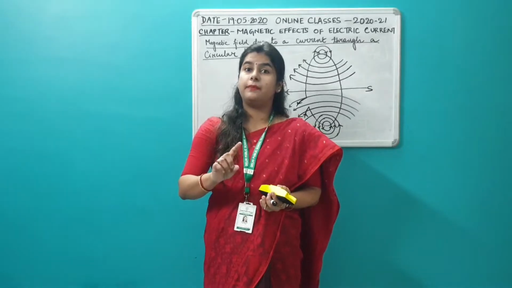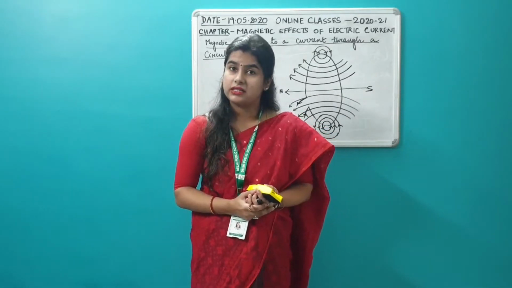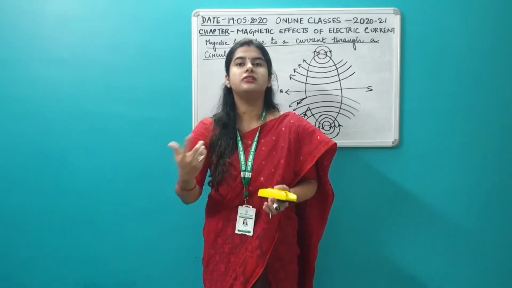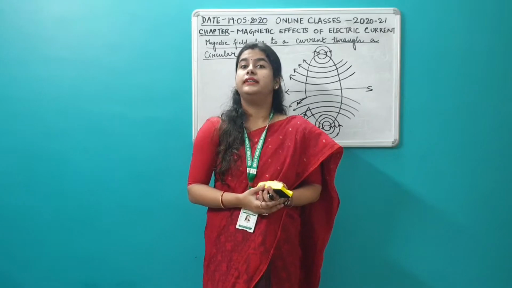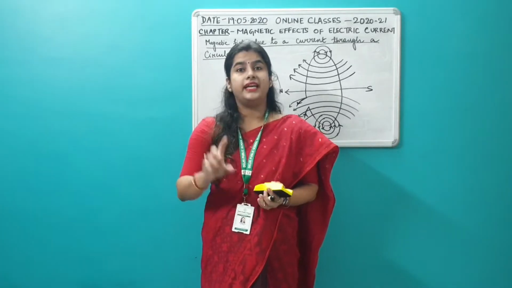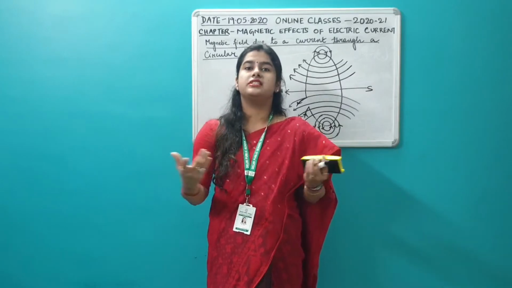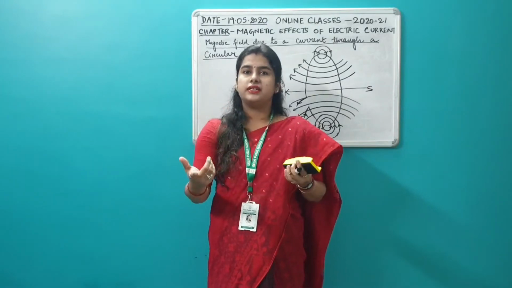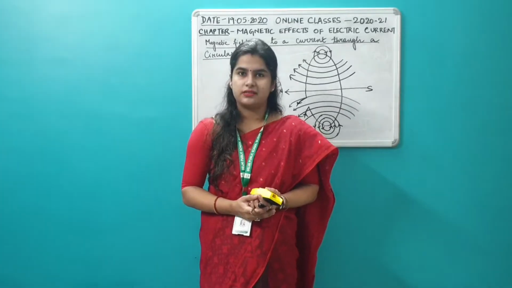How the magnetic compass shows its deflection when current passes through a conductor? If you reverse the direction of the current, what happens to the direction of the needle of the magnetic compass? It also shows deflection. Understood? That means if the direction of the current changes, the deflection of the magnetic needle also changes.